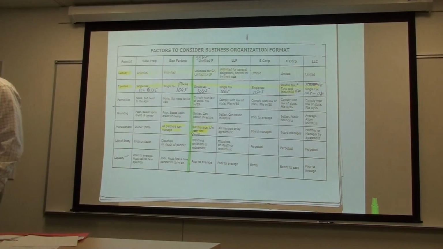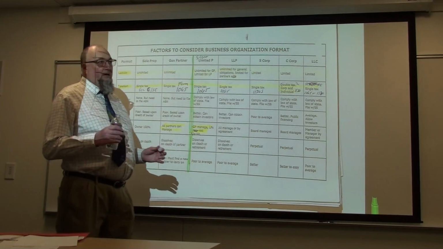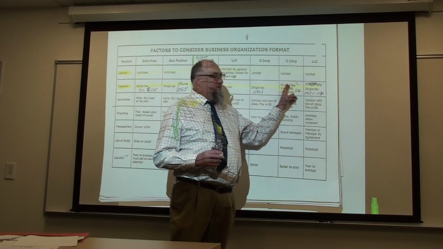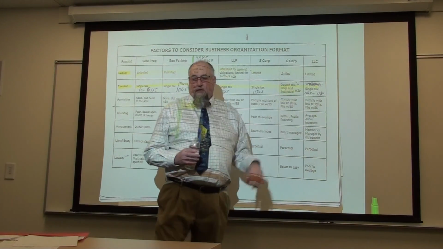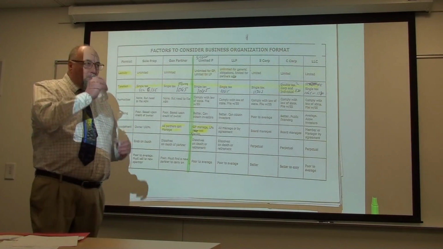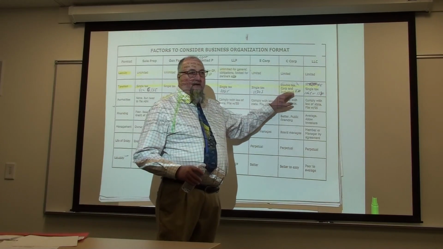Now, just for the real world, there are some times when an LLC may want to be taxed as a corporation. It's very rare, but there is the possibility of an LLC having to be subject to that double tax rate.